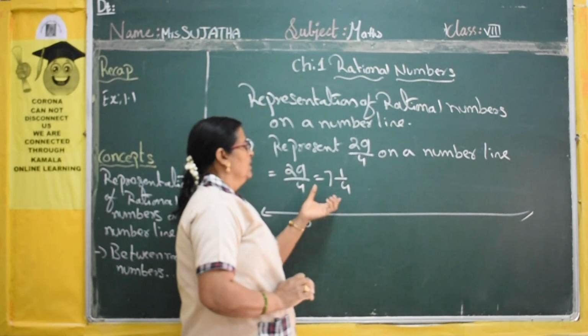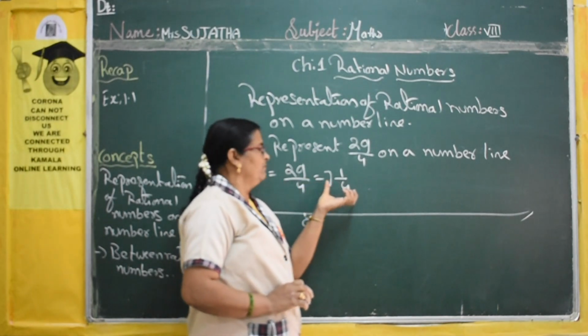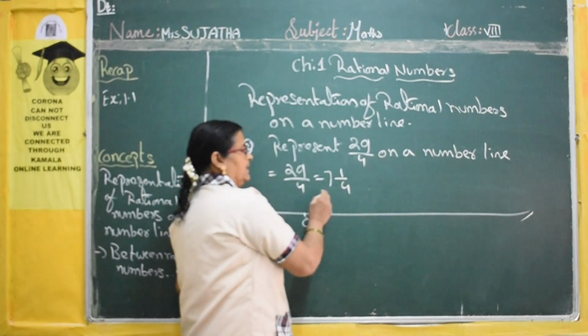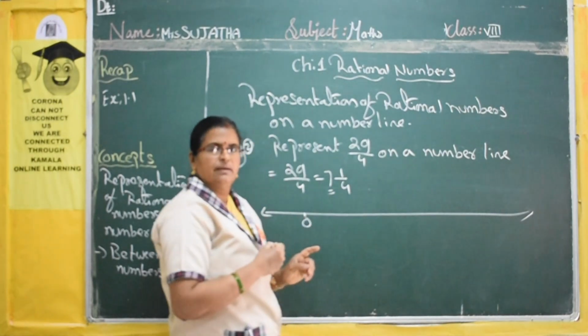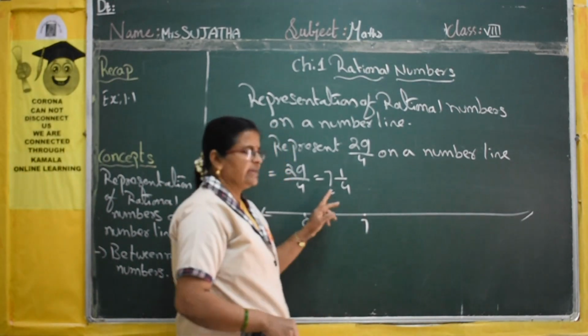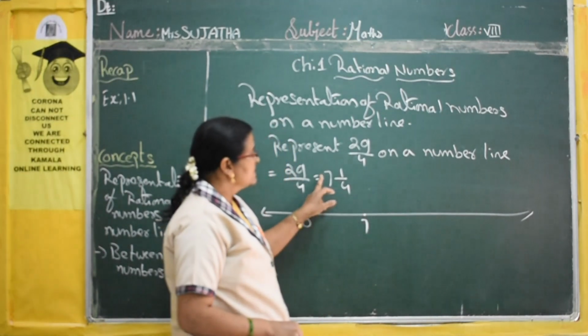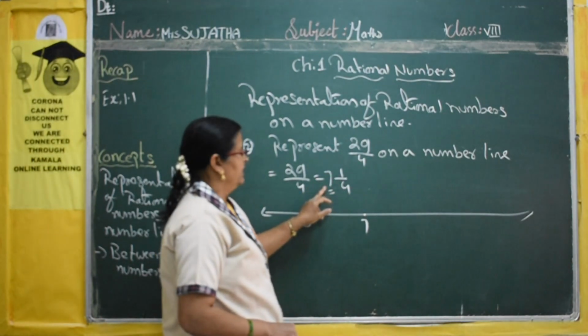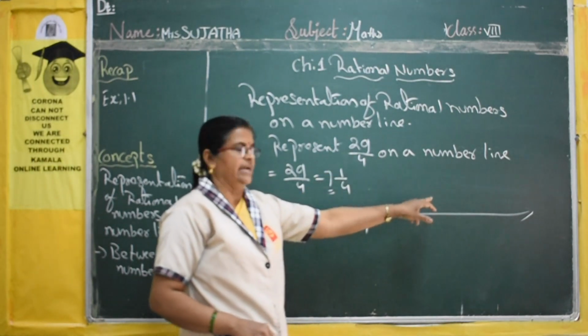Okay. So for improper fractions, what we can do is change into a mixed fraction, and then whatever whole number is there, that whole number you put on the number line. 7 is the whole number here. So in 7 1 by 4, this 1 by 4 lies between 7 and the next whole number, 8.